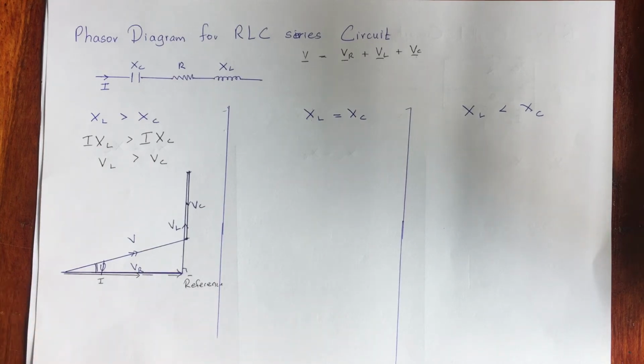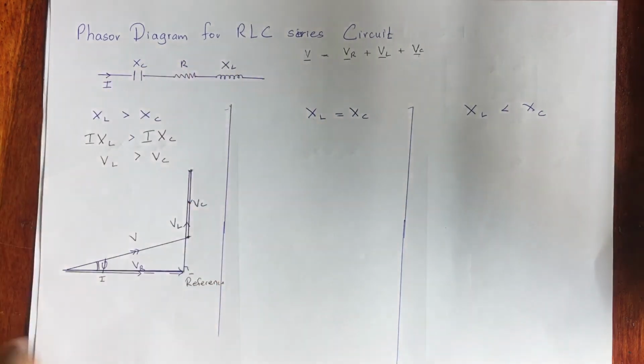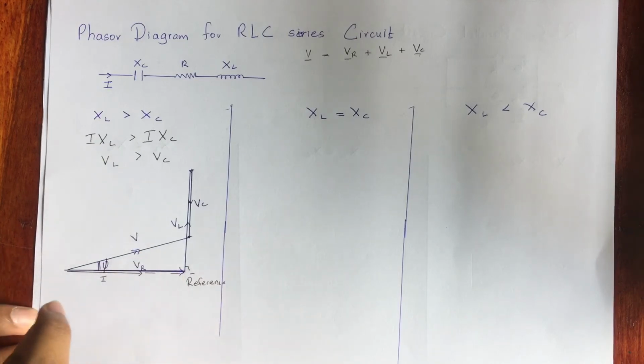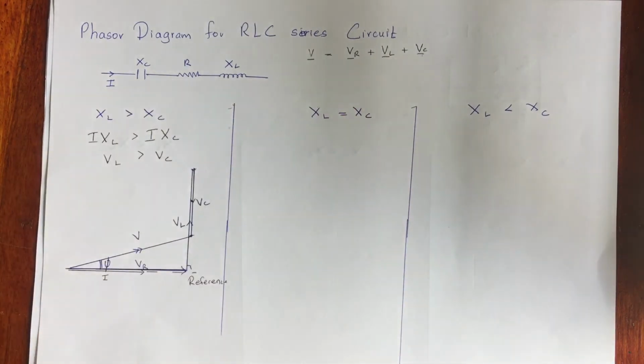The angle between the voltage and the current would be 0 as in a resistor circuit. Likewise, although there are C, R and L, the resultant voltage and the I would be in the same direction. So it's going to have a special name known as resonance. You need to remember that name because they will ask a question and mention that it's a resonance circuit.